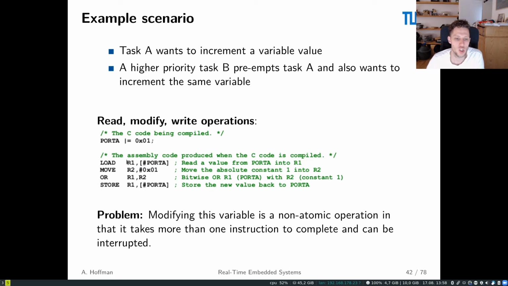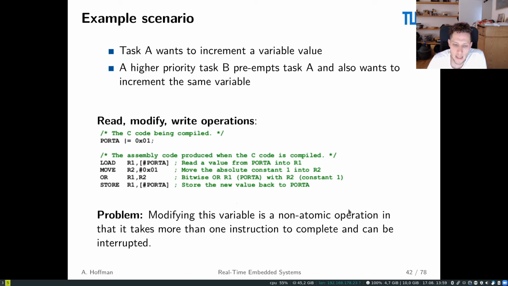We're using the general purpose registers, which we mentioned are required as part of the context of a task. Essentially we load the value from memory, increment it, and write it back, using the system's registers. This is what's called a read, modify, write operation, okay?